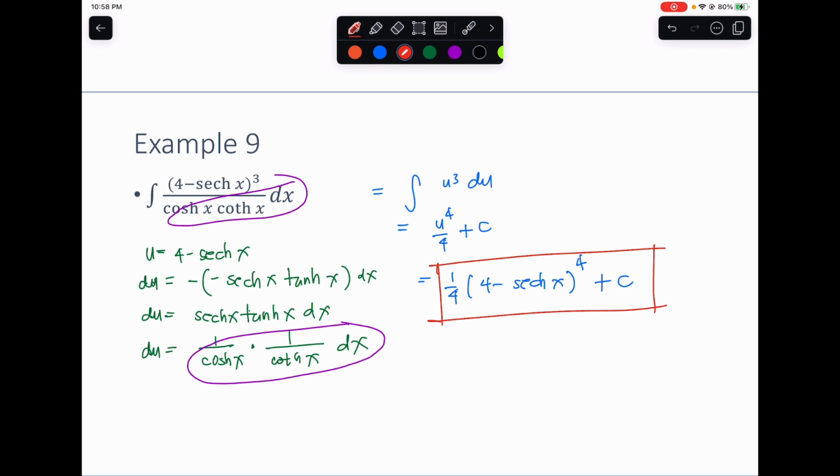As long as we know at least the 10 formulas, in finding the integral of hyperbolic functions, it will do. But recall that the first thing to consider whenever we are given a certain integrand is to classify whether the integrand resembles any of the 10 trigo function formulas or hyperbolic function formulas.